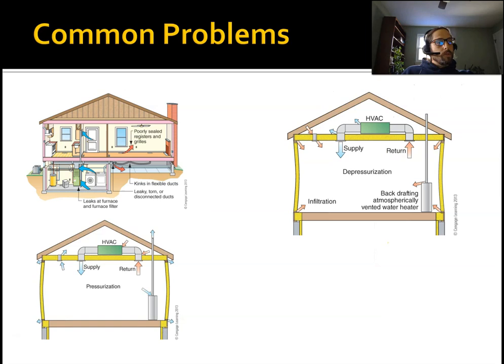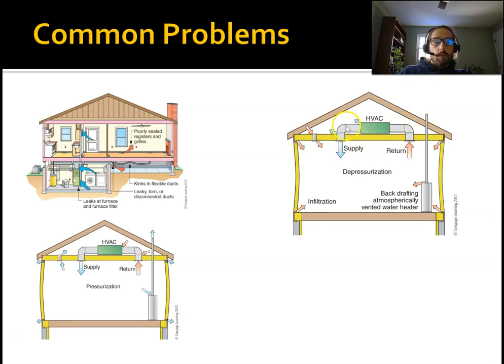Some common problems with ductwork. There's a number of them. If you see these two images here, top right and bottom left, if you have leaks in one side of the duct, it can cause balancing problems. If you have excessive leaks in your supply, and returns that are nice and solid and tight, it's able to really pull the air through the system.